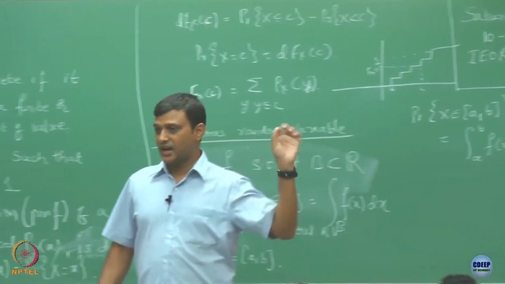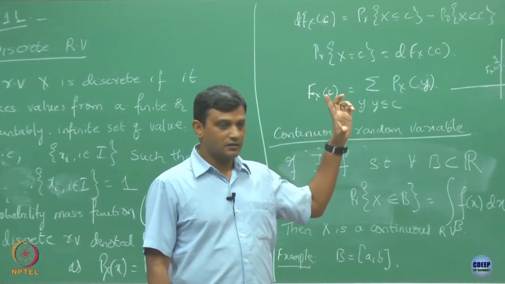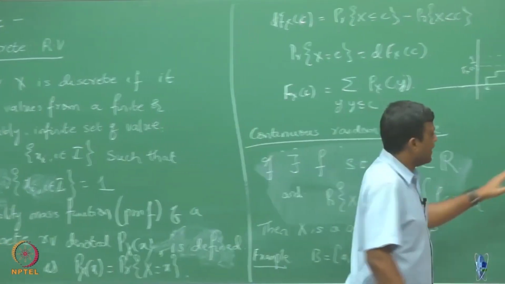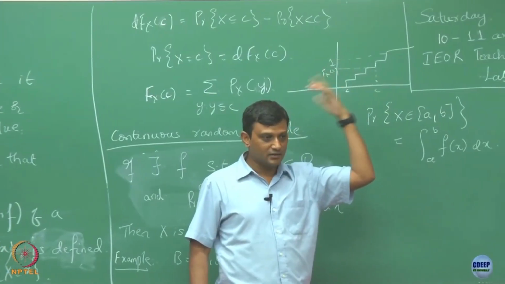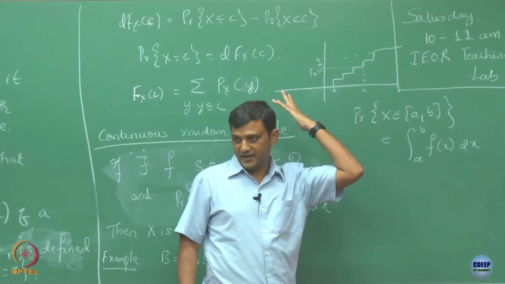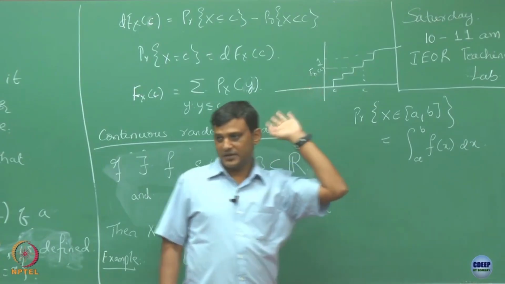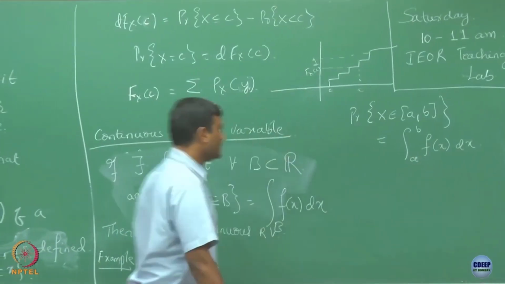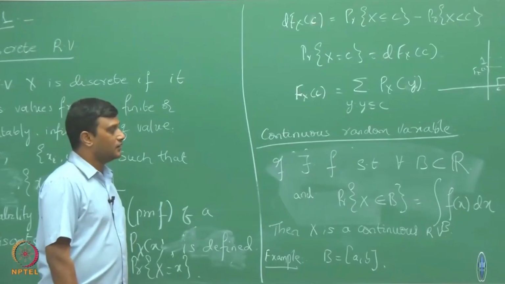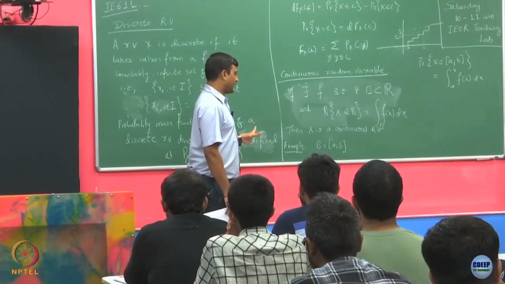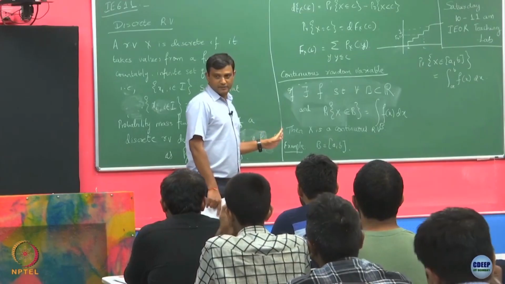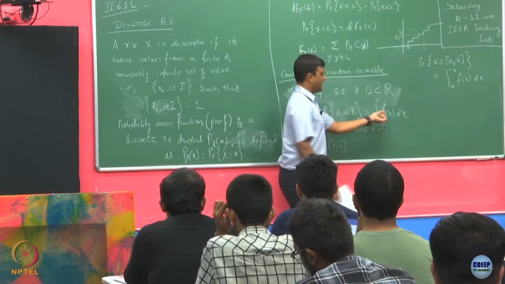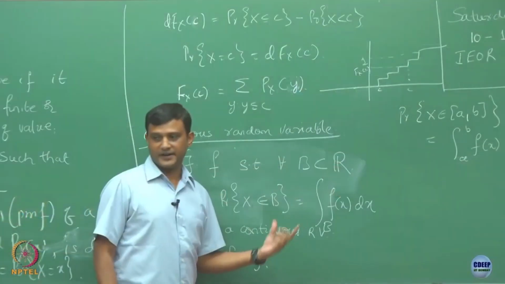This is just the area under this curve in the interval ab. So in a way, this function f is acting as a corresponding probability, but not exactly probability. In some sense, it is trying to give us that notion here. If I have a continuous random variable, I am going to say that x is continuous if at all I can come up with such an f such that this is satisfied.